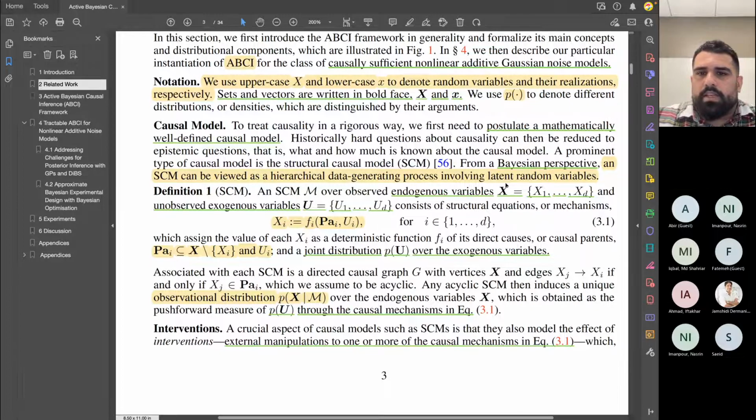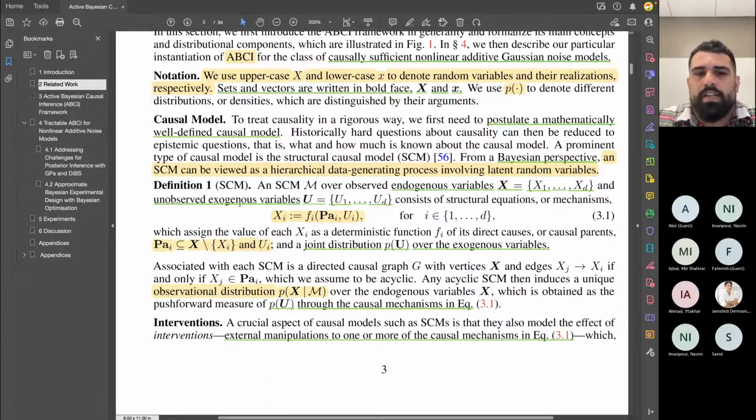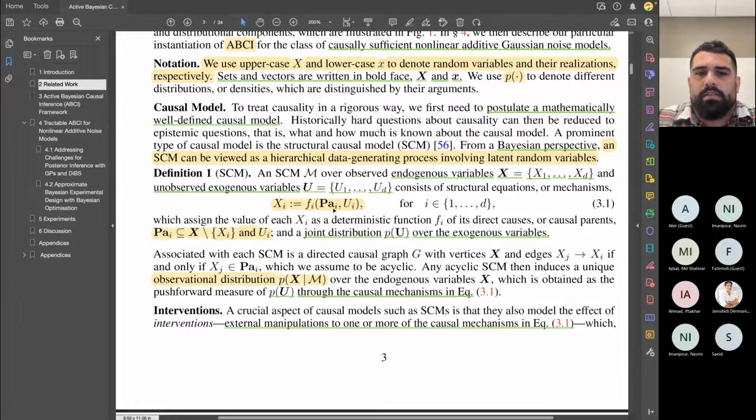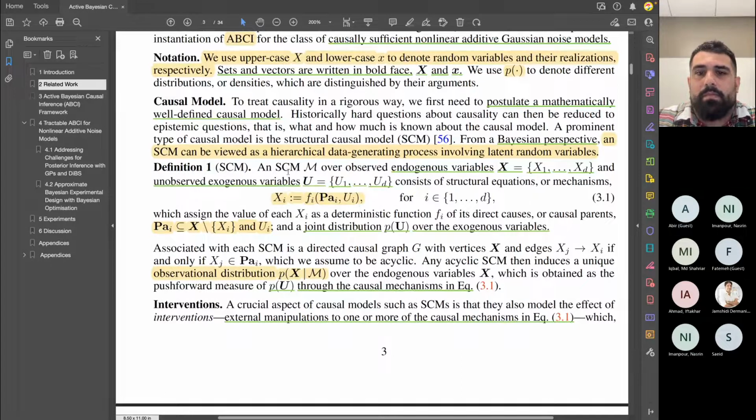For their causal model, they use a structural causal model approach, and from a Bayesian perspective, an SCM can be viewed as a hierarchical data generating process involving latent random variables. So they define an SCM M that has endogenous variables X and unobserved exogenous variables U's.